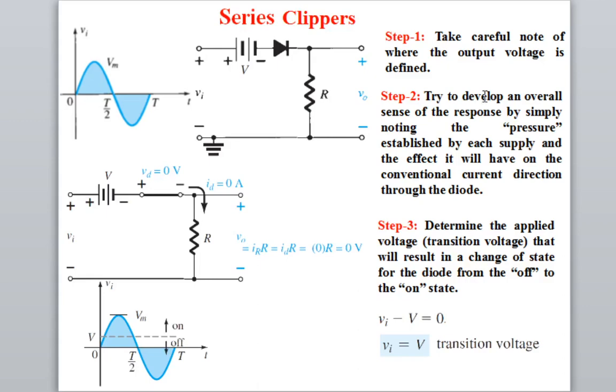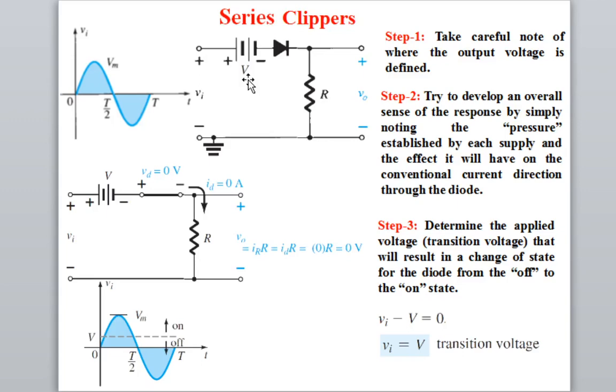As I discussed, for this circuit diagram, if you are not applying any input signal, just by watching the battery and diode, the diode is in reverse bias. If you apply the input voltage, then the diode will go into forward bias if and only if the magnitude of the applied voltage is greater than this V volt power supply.